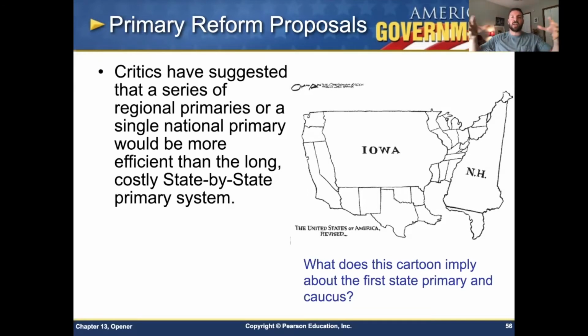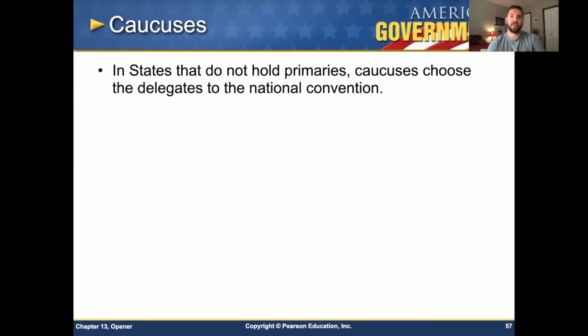You don't have to stretch it out from February to basically July and oh my gosh, who's it going to be? Is it going to be my guy? Is it going to be that gal? Who is it going to be? You would know at the end of that day. So you can definitely see some arguments for that, but it's up to each individual state. Each individual state would have to sign off on this, and obviously that would be really difficult to put into practice.